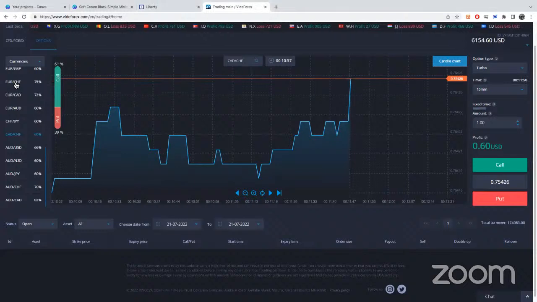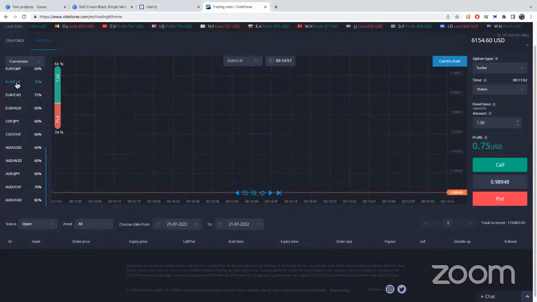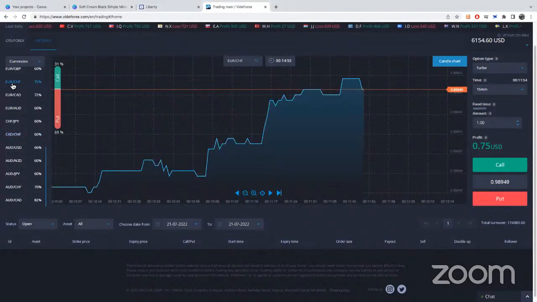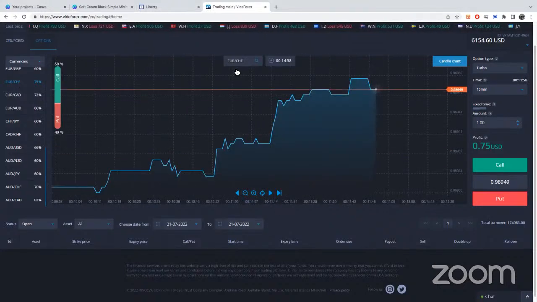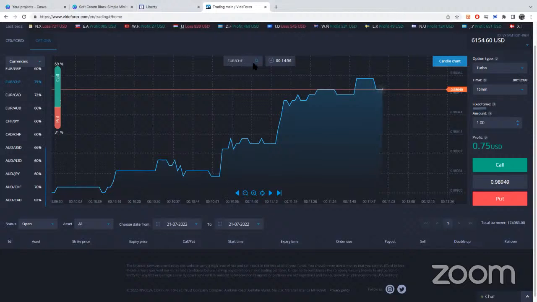Now, what do you do with that information? You go to your broker. You're going to go to your broker, and you're literally going to look for Euro CHF, which is right here. I'm just clicking on it. It also shows you that you clicked on it because it's up here on the top.